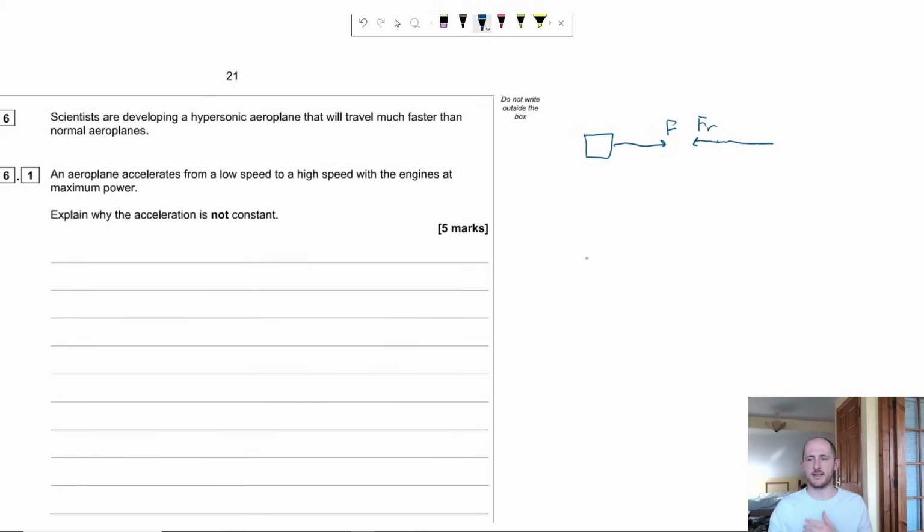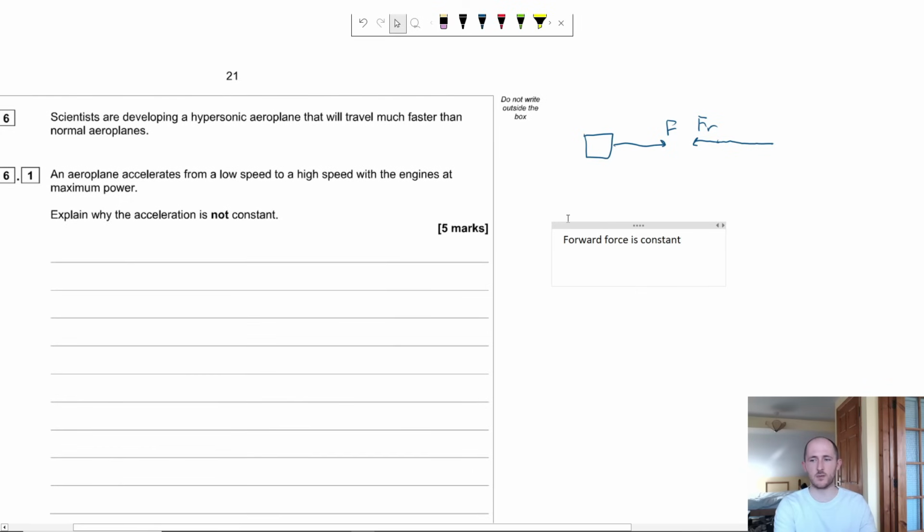Now what that means is the actual resultant force, the overall force, is changing. And remember, resultant force is equal to mass times acceleration. So if there's a resultant force, it means there's an acceleration. So all we have to do is the forward force is constant, right?